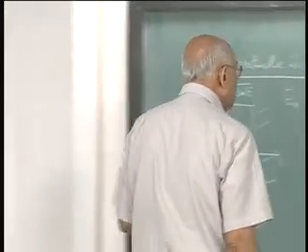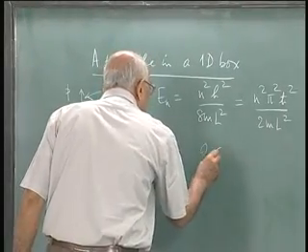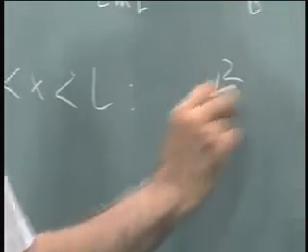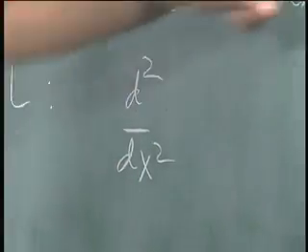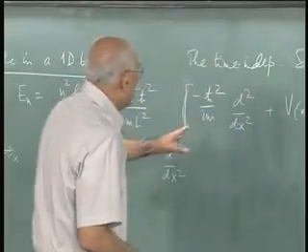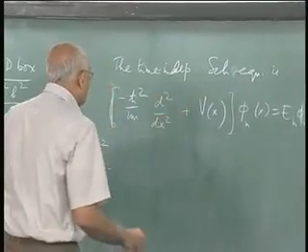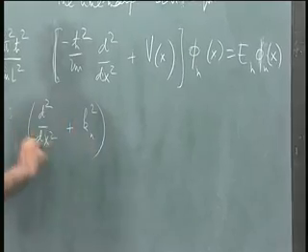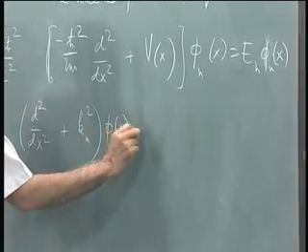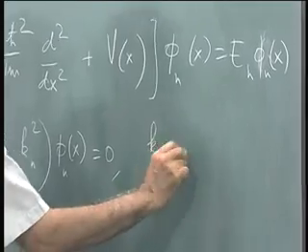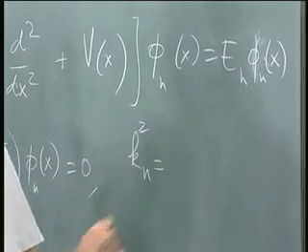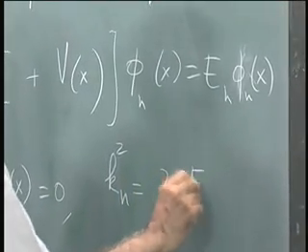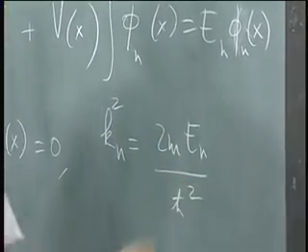So let us look at what happens inside the box, 0 less than x less than L. We have d2 over dx2, that term is 0, and then I could move this to the other side and bring this back here, plus k_n squared phi n of x equal to 0, where k_n squared is equal to 2m E_n over h cross squared.